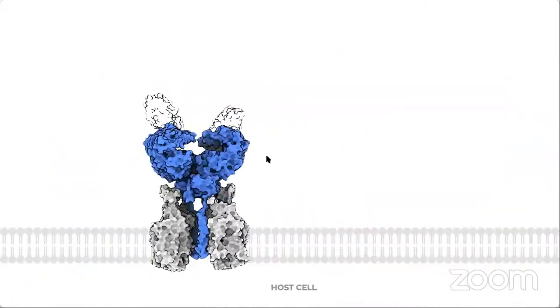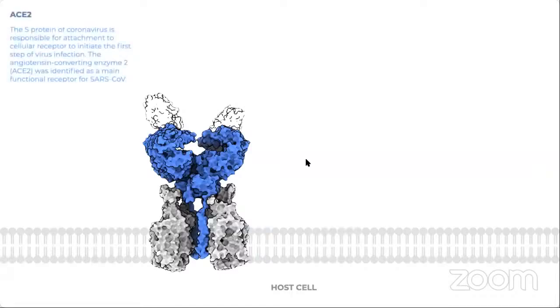To tell you more about that, recent structures have revealed that the spikes of SARS-CoV and SARS-CoV-2, when we compare both, are quite flexible. In these structures, the receptor binding domains are seen in different conformations.